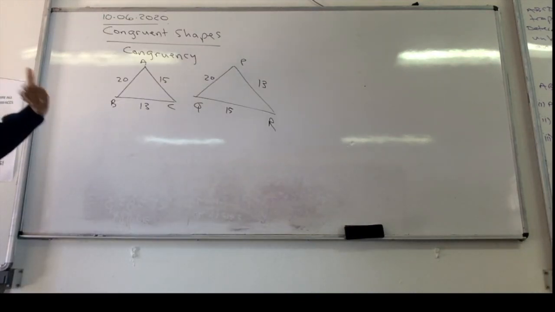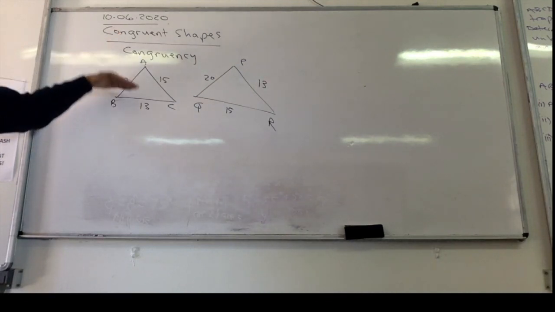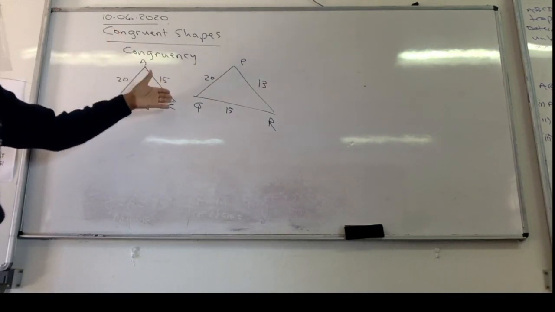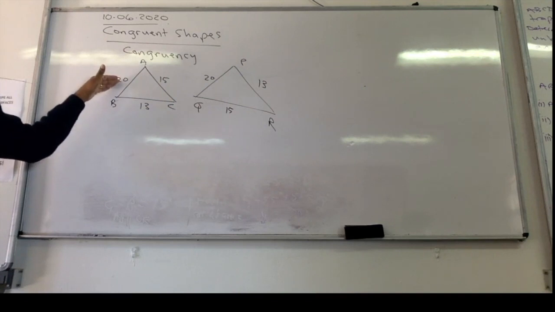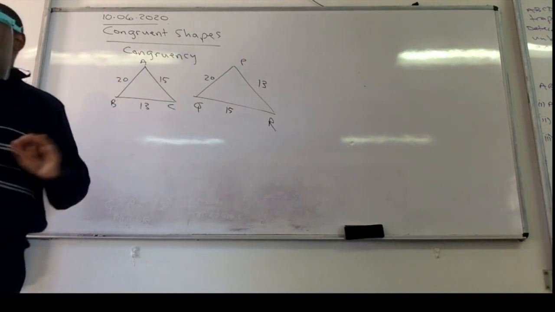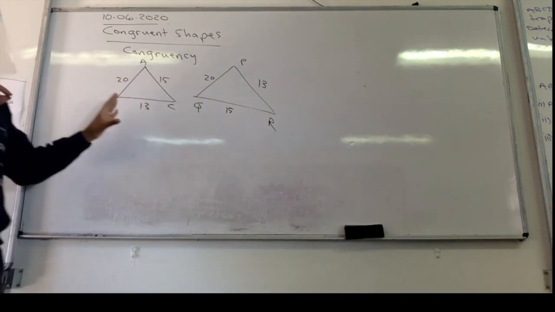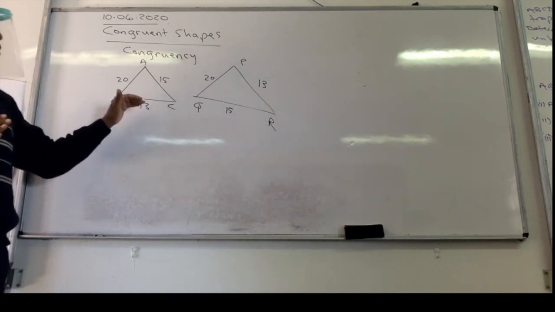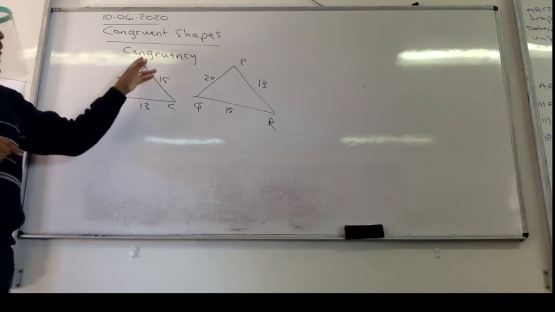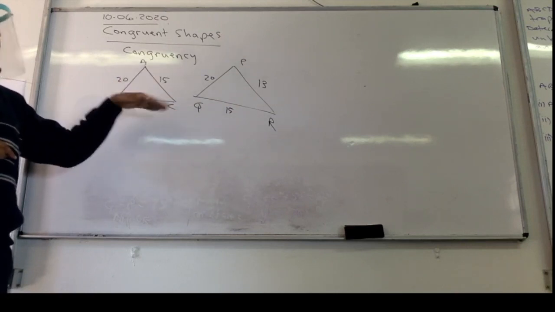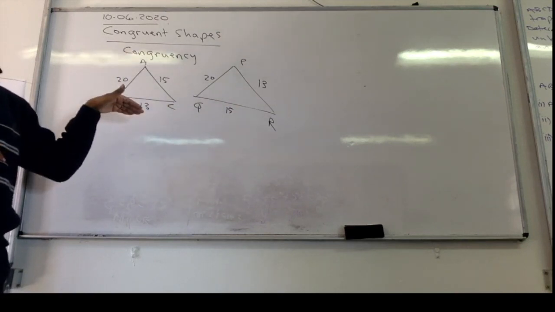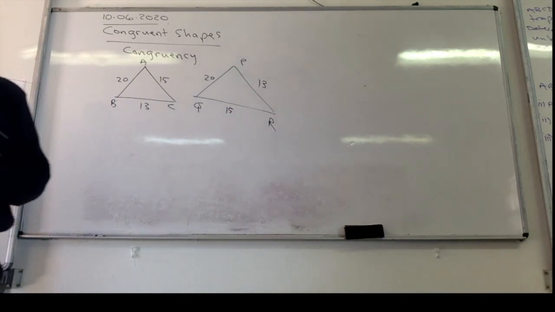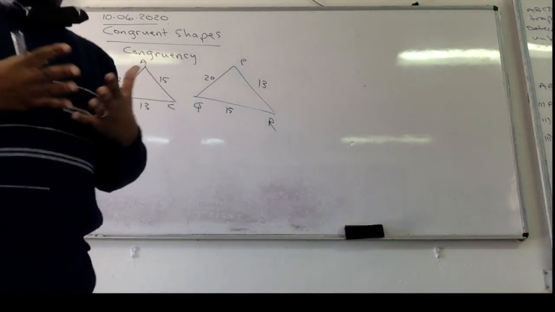But let's assume that there is a triangle. I think we can draw a triangle with sides of 13 centimeters, 15 centimeters and 20 centimeters. Suppose you have the equipment, and I give you this information: draw a triangle that has one side equal to 13 centimeters, another side equal to 15 centimeters, and another one equal to 20 centimeters. Do you think you will draw different shapes if you all draw them accurately?